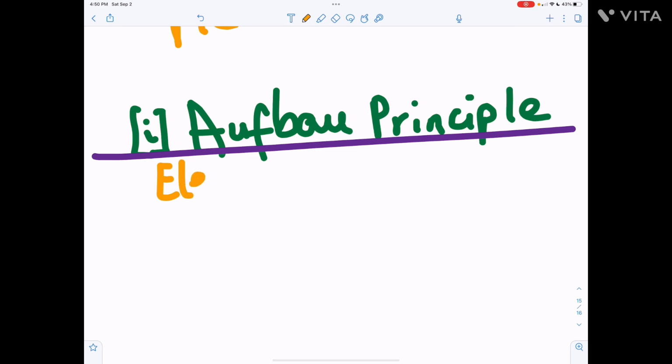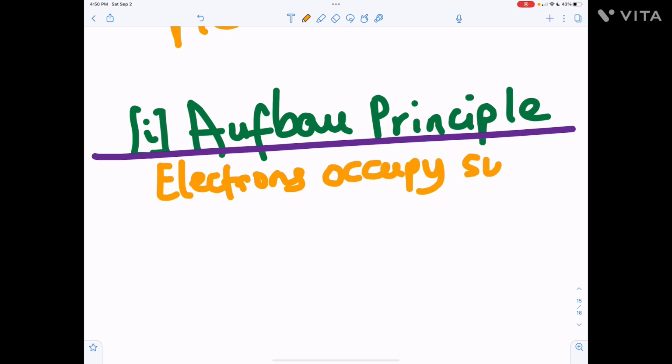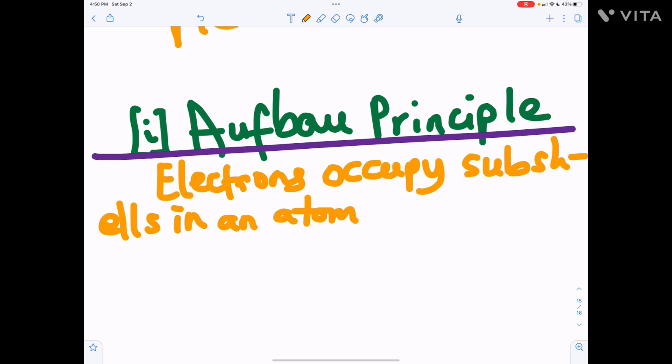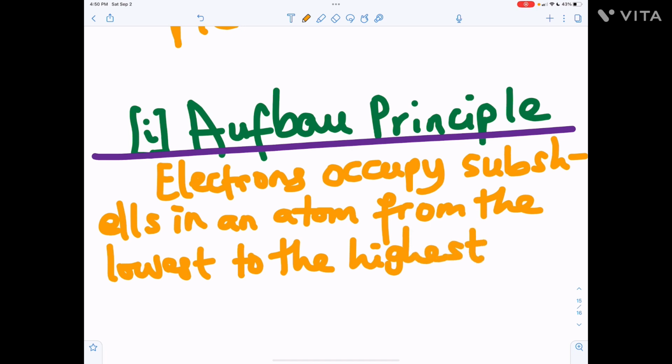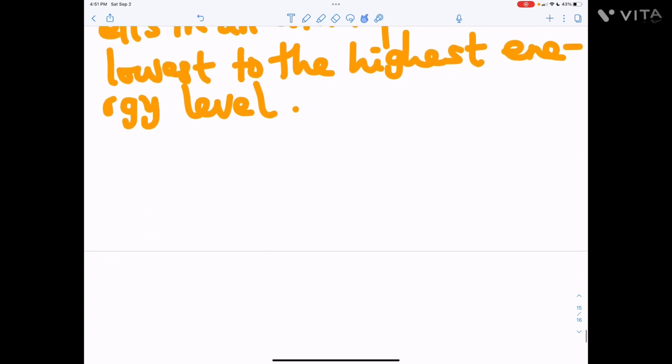It states that electrons occupy subshells in an atom from the lowest to the highest energy level. So that means they occupy subshells in ascending order of energy.